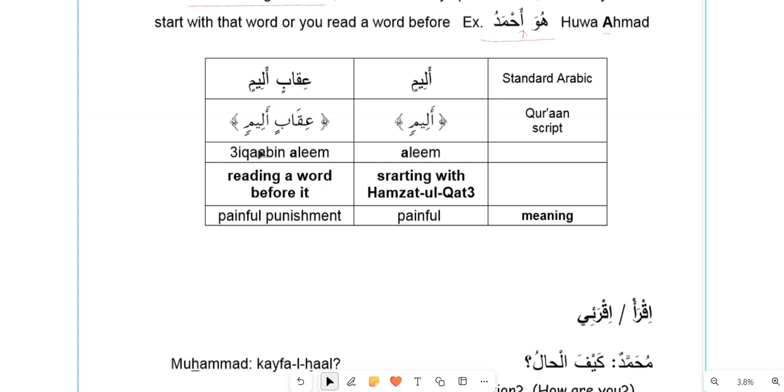You should not merge the sound of hamzatul qata as iqabin alim. That's not how you recite. You have to be very specific with the makhraj of hamza, so that the listeners hear the clear sound of hamza. This is how you read the hamzatul qata.